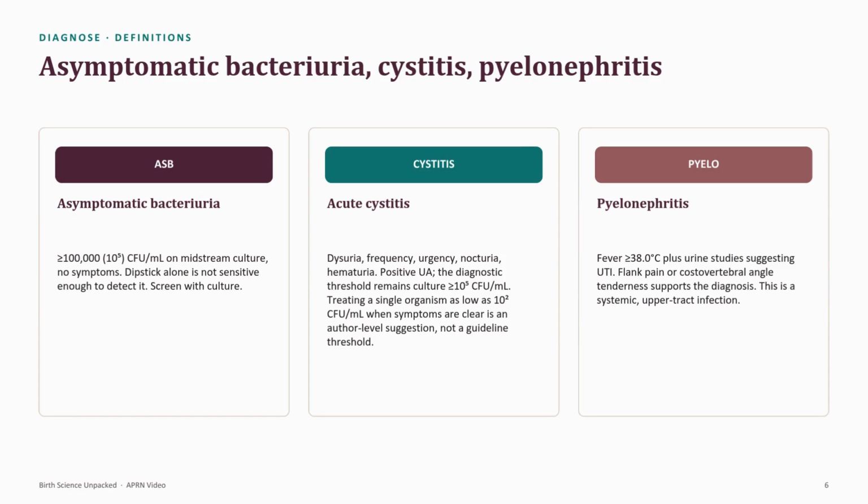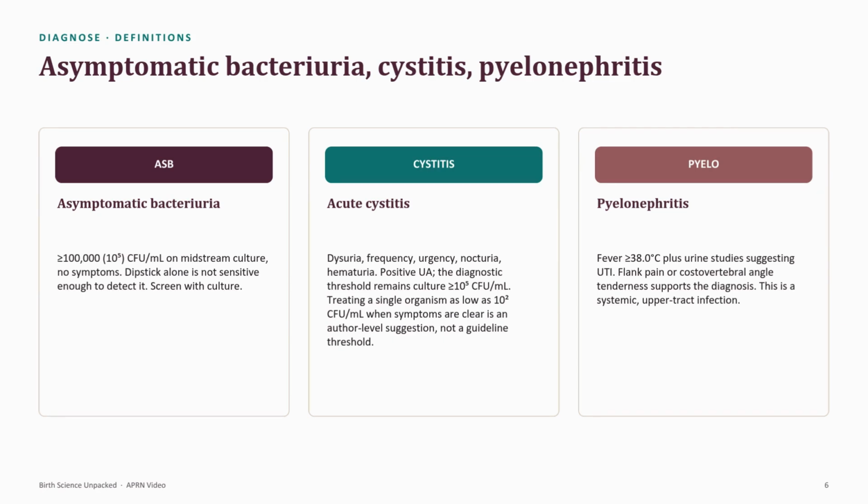Don't rely on dipsticks. A dipstick will miss it, so you screen with a culture. Acute cystitis has lower tract symptoms plus a positive UA confirmed by culture at 100,000 CFUs, which remains the diagnostic threshold.